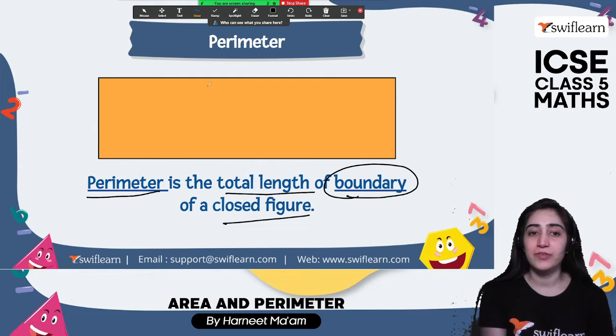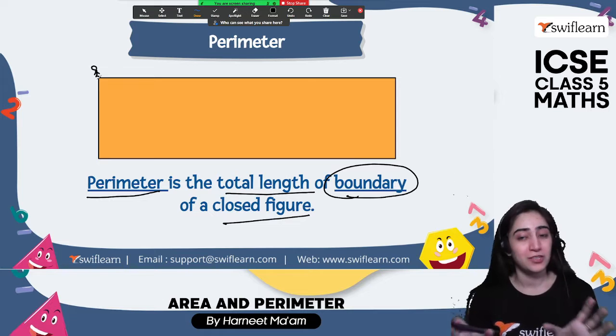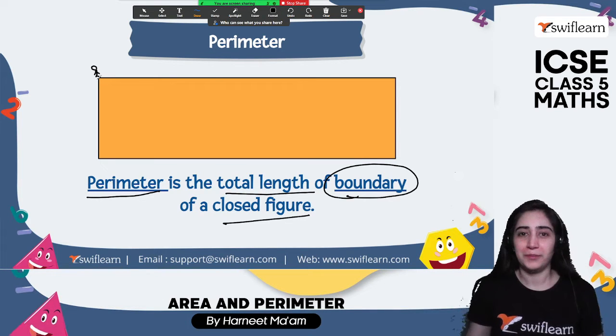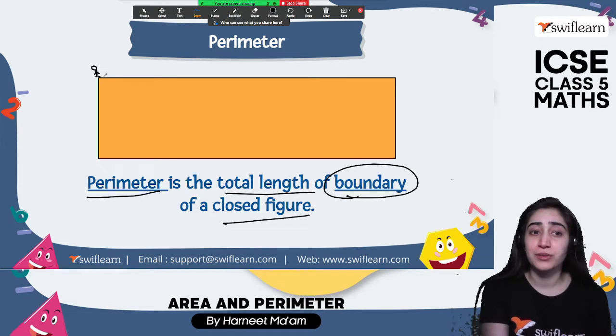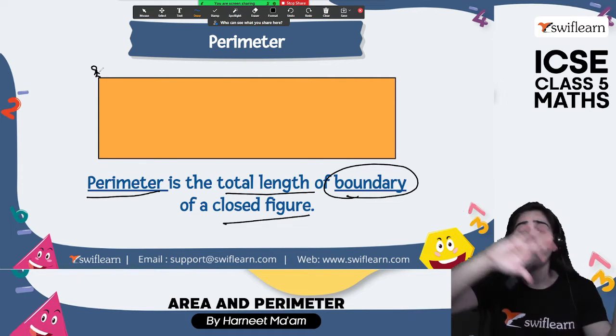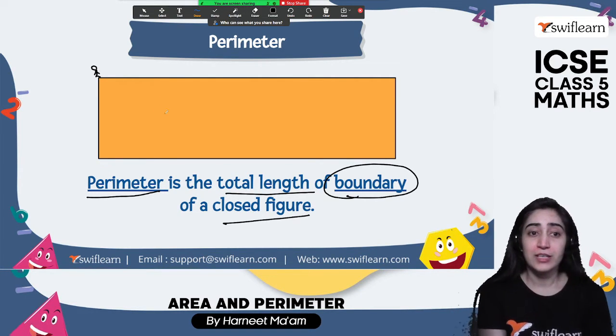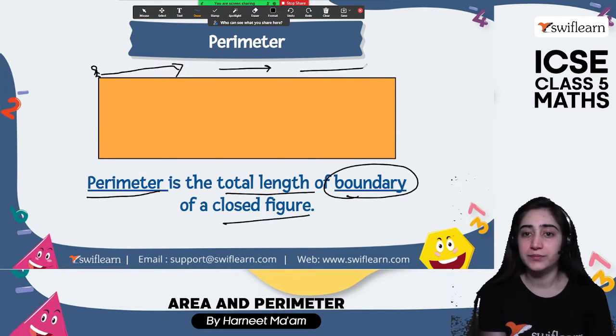So whenever you have a question on perimeter, just imagine you're in a garden. All right. And when you get inside the gate, the tracks are always on the corners of the garden, right? So you tend to go from this area like this.